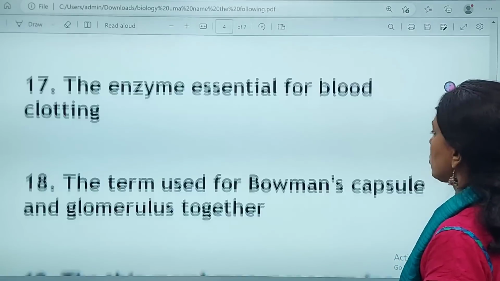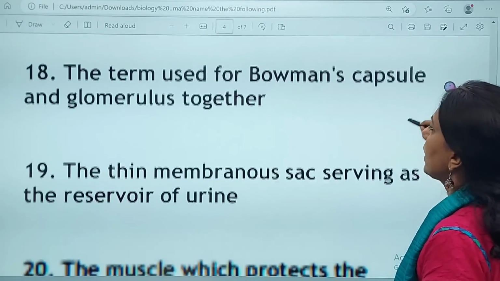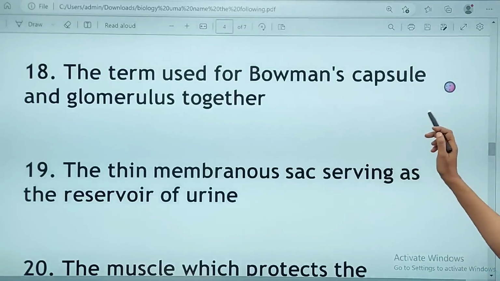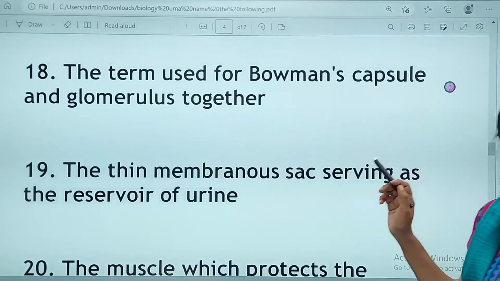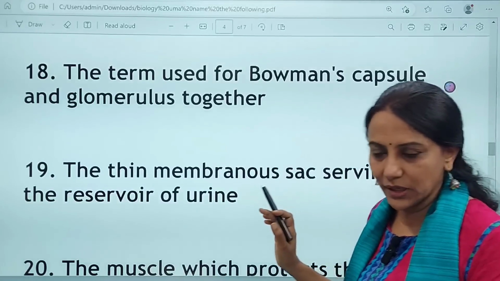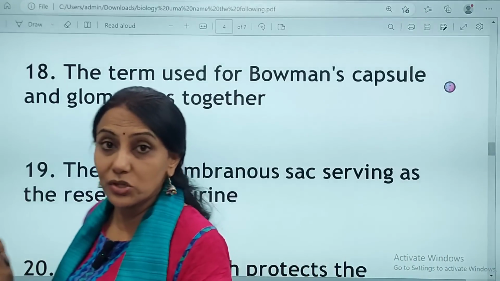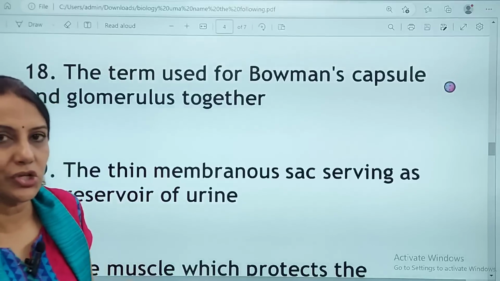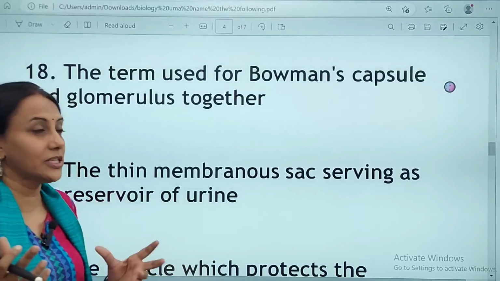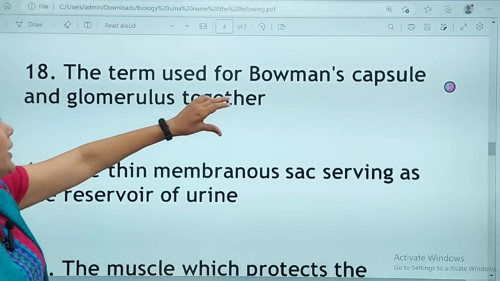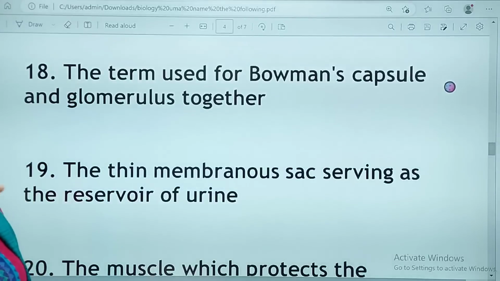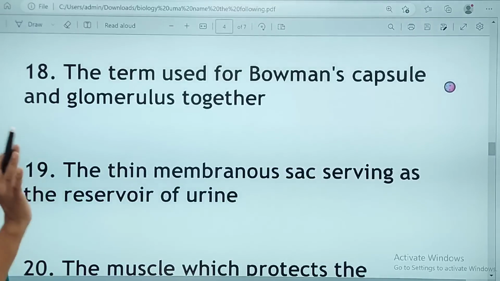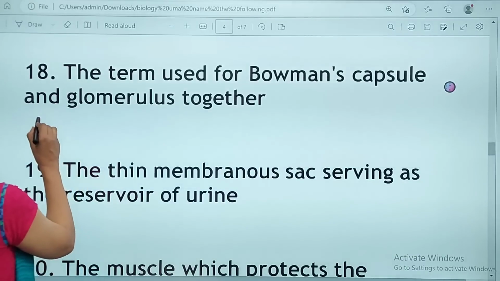Okay. Now the next ones. The term used for Bowman's capsule and glomerulus together. You know that the Bowman's capsule and glomerulus are present in the kidney and they carry out the function of ultrafiltration. The blood comes in and then it gets filtered. But what is that bit which is Bowman's capsule plus the glomerulus together called? Yes, it's a very interesting name. So certainly remember it because it is at least interesting.